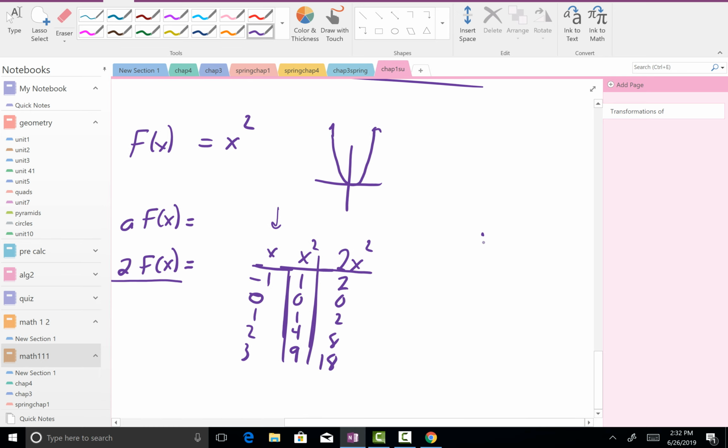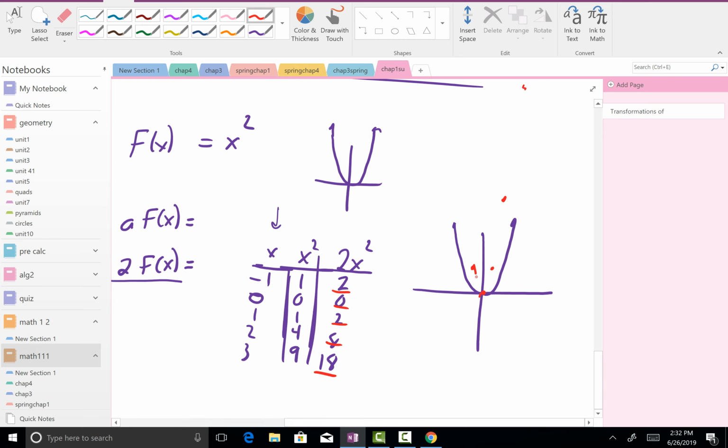So when we graph this, we have our normal parabola curve. But when I do these ones, 0, 0 is still the same. -1 is now 2, and 1 is 2, and 2 is now 4, times 4 is 8, and 3 would have been 9, but now it's actually 18.